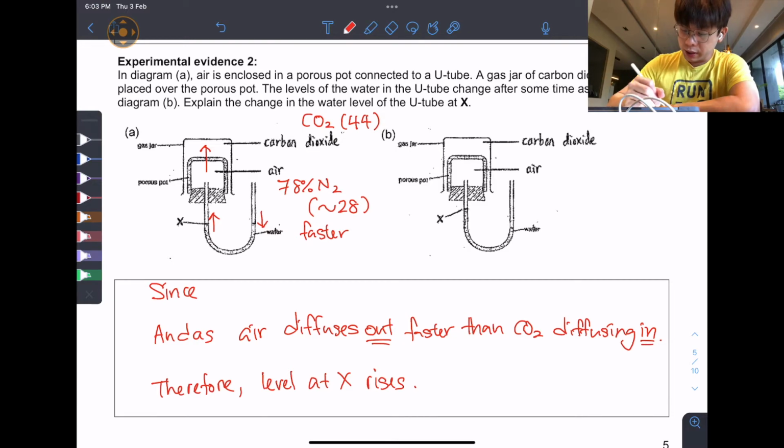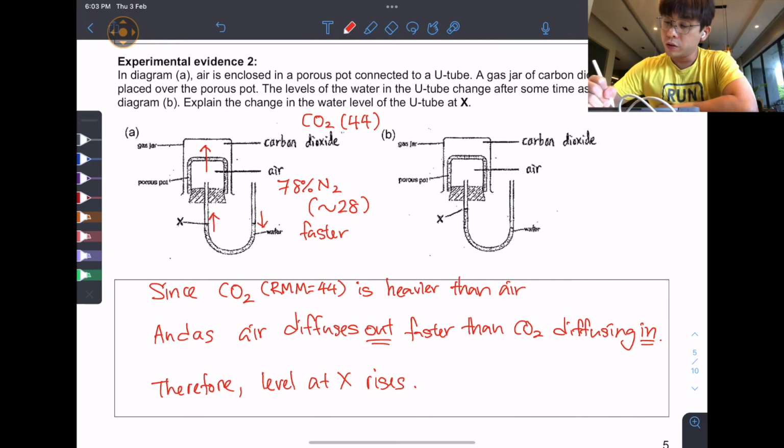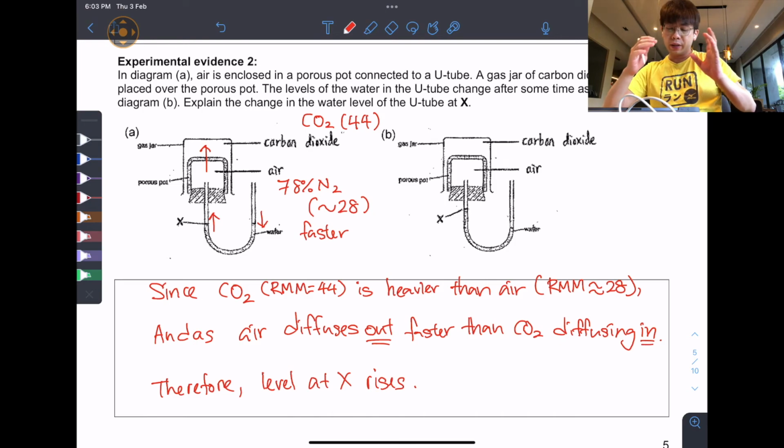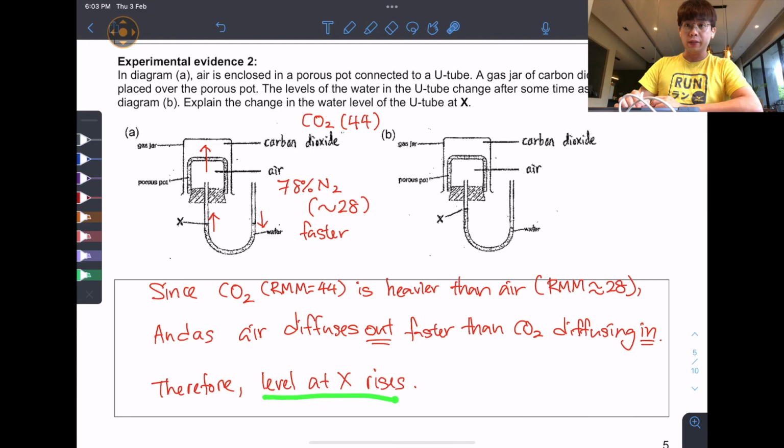So since carbon dioxide, CO2, let's say RMM equals 44, is heavier than air, which you write there RMM approximately 28, right? Therefore, air diffuses out faster than CO2 diffusing in. So therefore, the level of X rises.